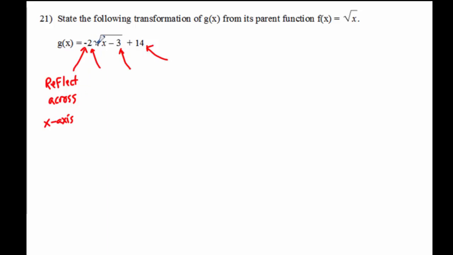A number in front makes us vertically stretch by whatever number that is. Inside, if we're adding or subtracting, that's part of the super secret opposite society. So instead of -3 meaning left 3, it actually means we shift right 3.